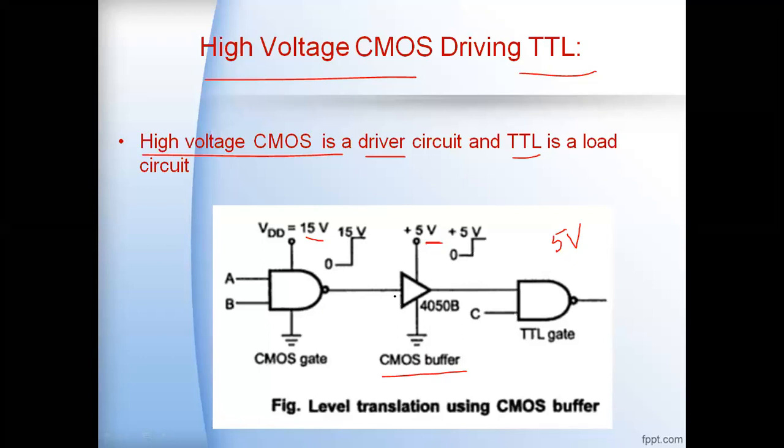So when these higher output voltages of the CMOS gate are given to the CMOS buffer, the buffer produces voltages in the range of 5 volts. Now this 5 volts can easily handle the TTL gate inputs. So this is the concept here: level transition using the CMOS buffer. You are changing the output voltage levels and currents to the compatible state of the TTL input.